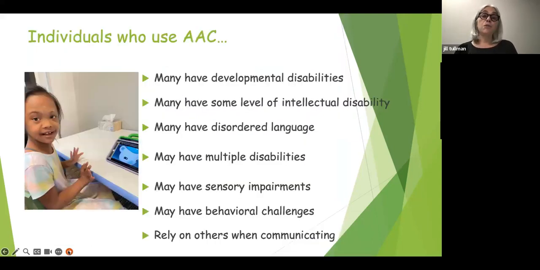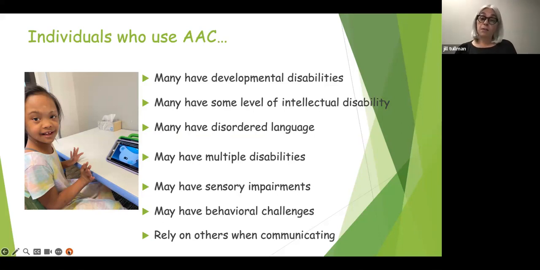Many individuals who use AAC have developmental disabilities, many have some level of intellectual disability, and many have language that is disordered. Some may have multiple disabilities that could include physical disabilities. Individuals may have sensory impairments, vision impairments, hearing impairments.